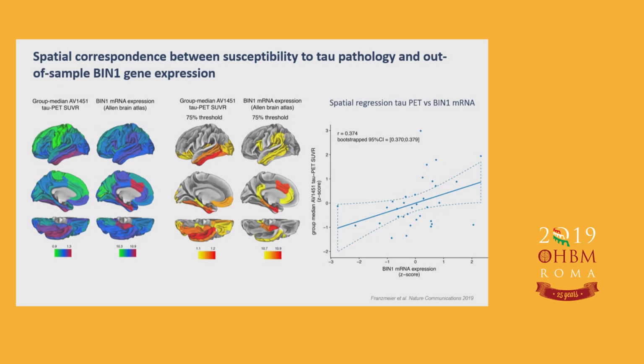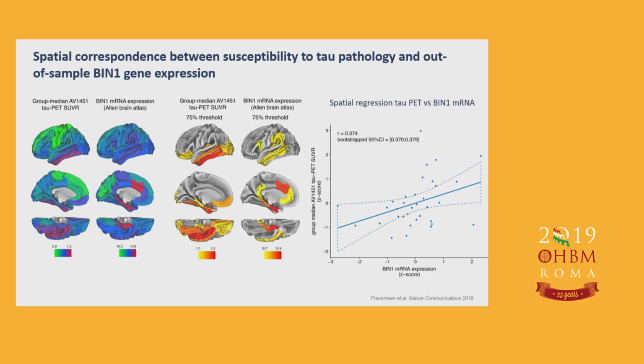Second of all, we were wondering whether the tau PET pattern has a spatial correspondence to the BIN1 gene expression in the brain, as assessed by the Allen Brain Atlas. On the left column, you see the group mean of tau PET.